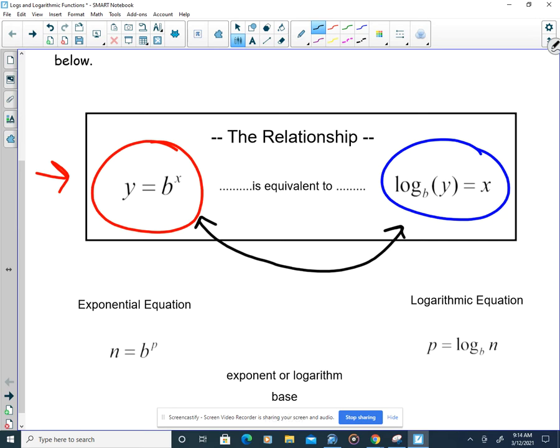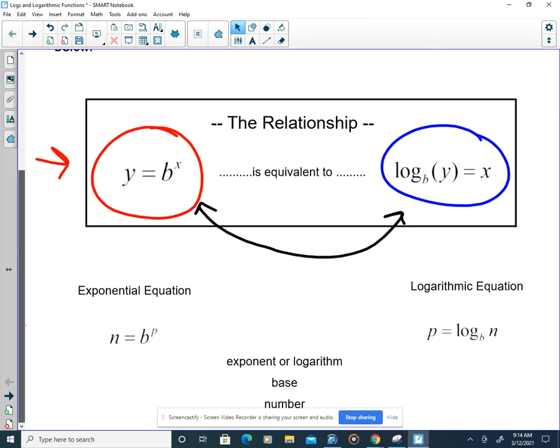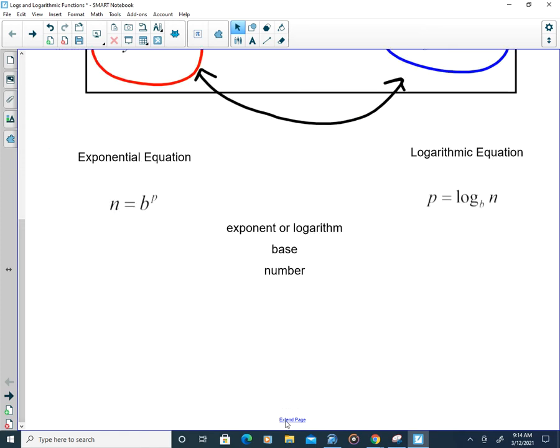So I want to examine this a little more in detail. So let's look down here. I just changed some of the letters, but it's still the same thing here. We got this exponential equation, n is equal to b raised to the p power. And then we got this logarithm equation, p is equal to log base b of n.